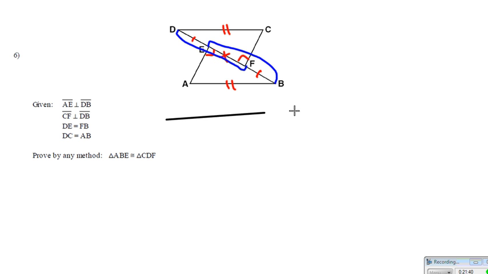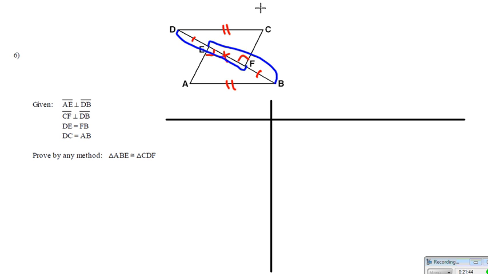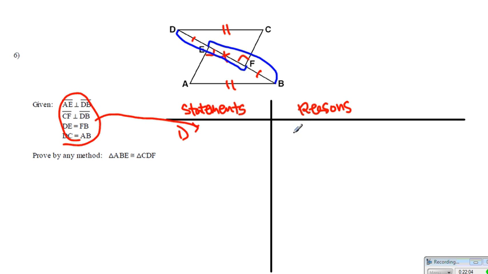Let's see what we can do here. So let us write down the statements and then reasons. Alright, first, we're going to write down all these givens right over here, and our reasons being the given.